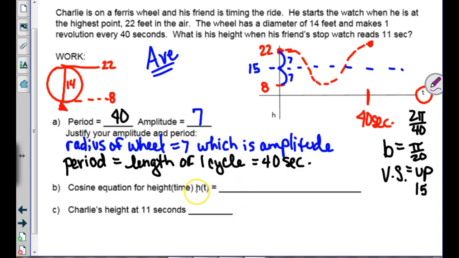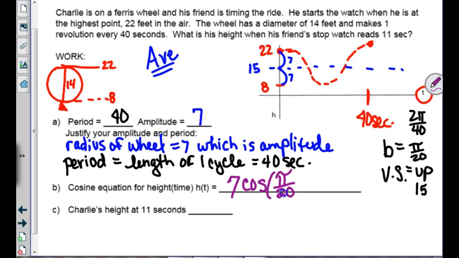All right, so what goes first? They already started the equation for us. H of t, or the height in terms of time, is equal to amplitude. Okay, we're calling it a cosine. B goes next.